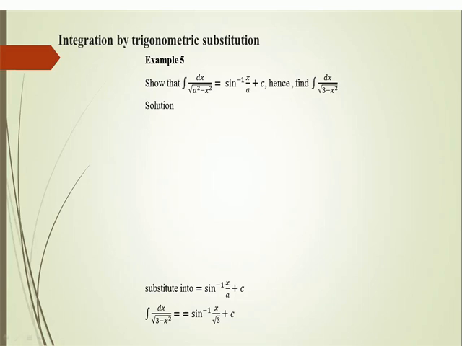Okay. Now, we discovered that they said we should find this particular question here. That is, they said we should integrate dx all over square root of 3 minus s squared. So what do we do?